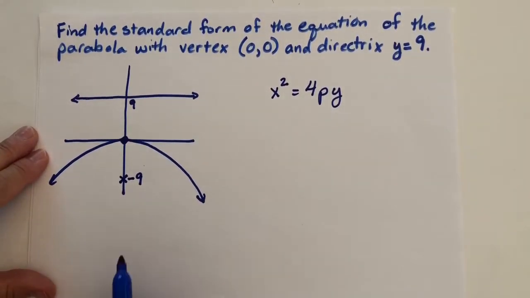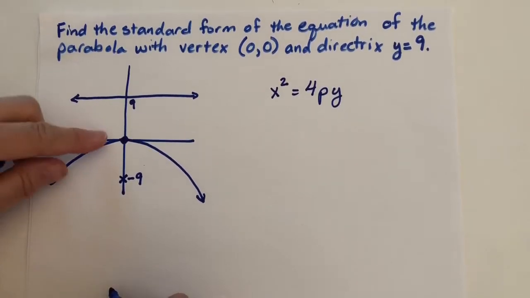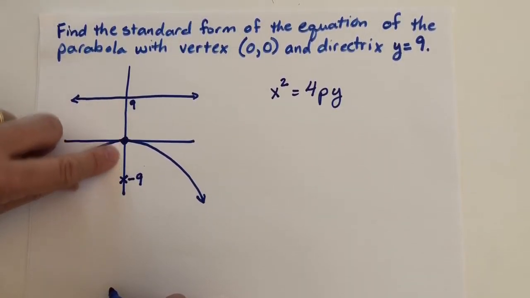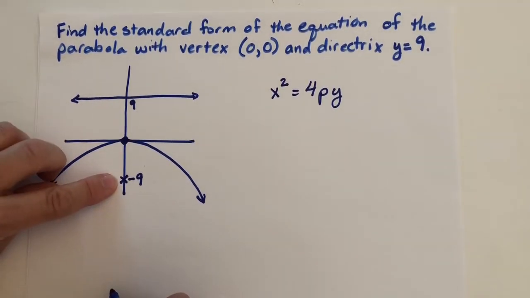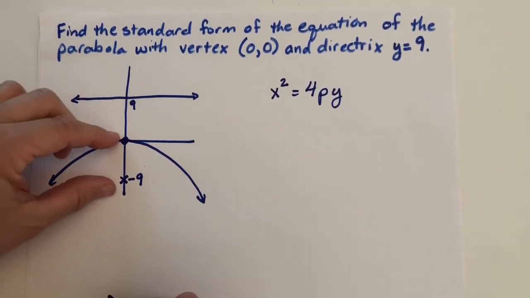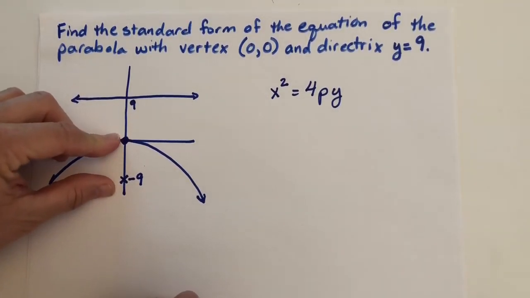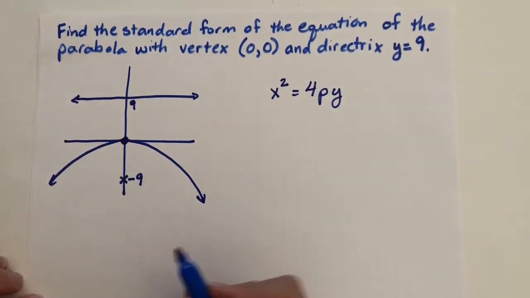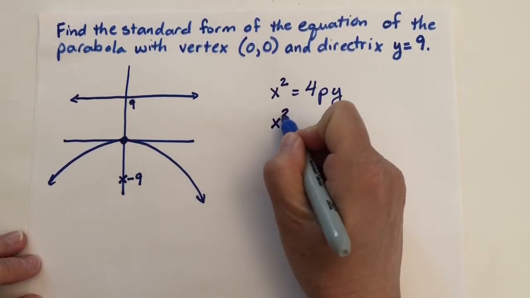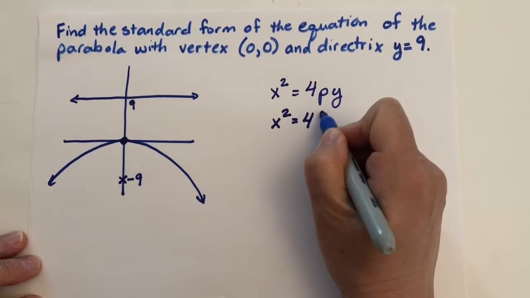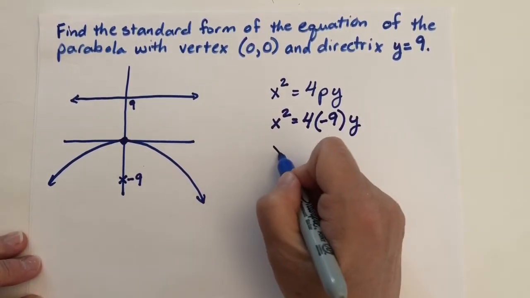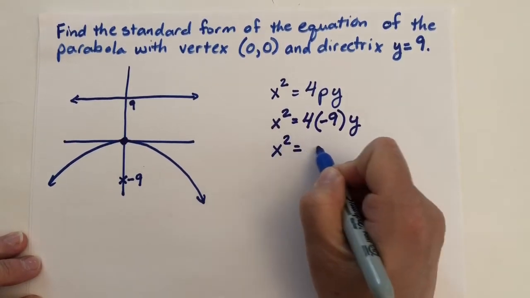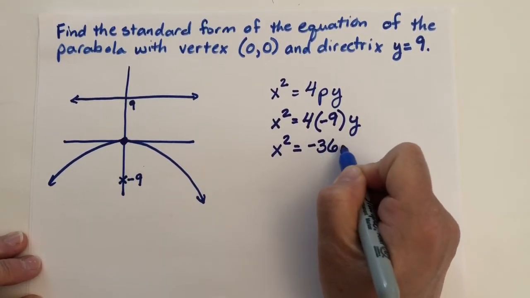This time, our p value is negative because it's opening down. The distance from vertex to this focus is the absolute value of p, but our p value here is going to be -9. So we can just substitute that value in. x squared equals 4 times -9 times y, and the equation of this parabola is x squared equals -36y.